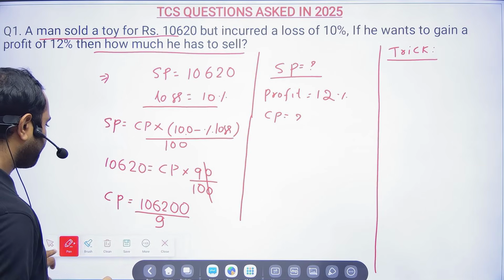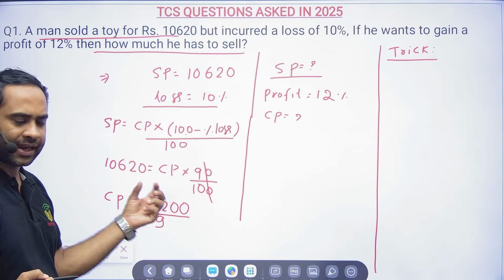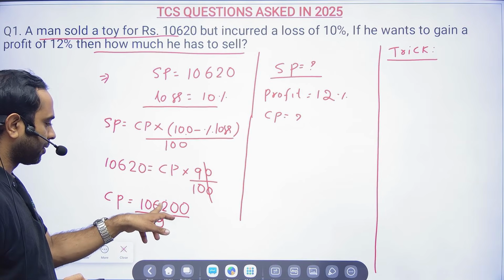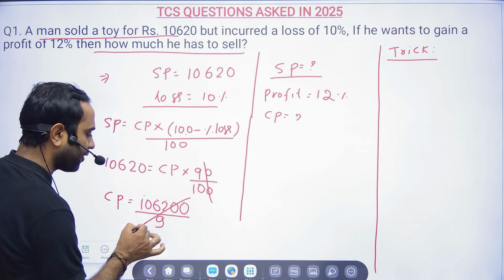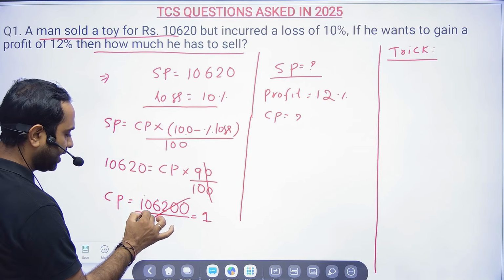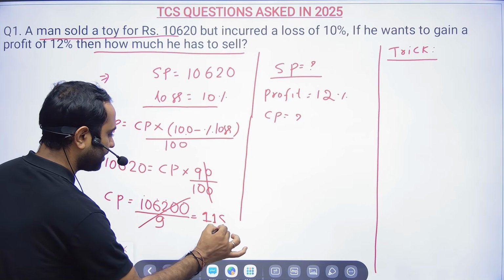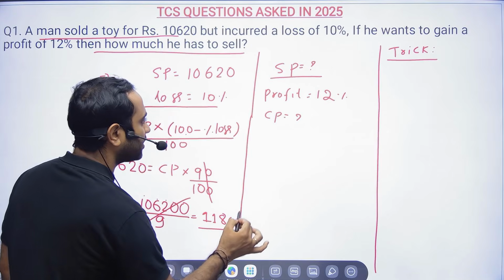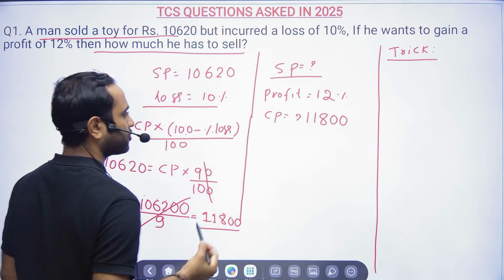If you want to know whether a number is divisible by 9 or not, just take the sum of digits: 6 plus 2 plus 1, 9. That means this number will definitely be divisible by 9. 9 ones are 9, again 9 ones are 9, and 9 eights are 72. So 11,800 is my cost price.